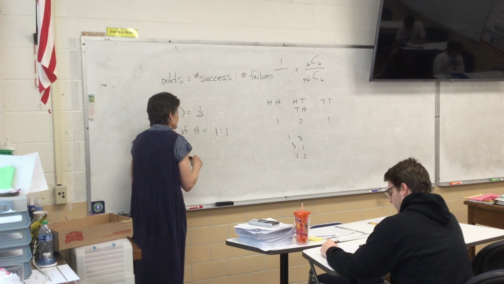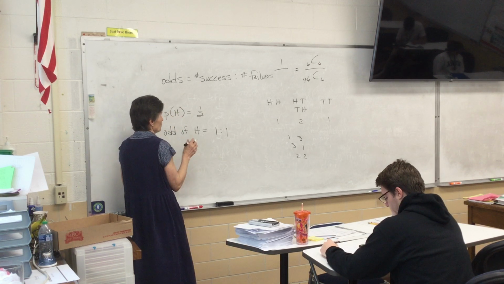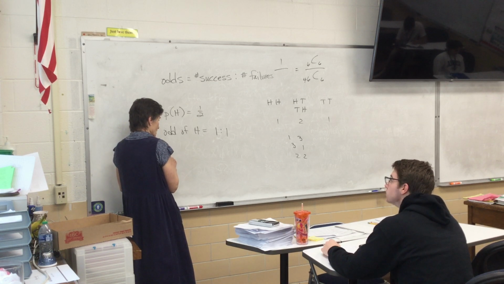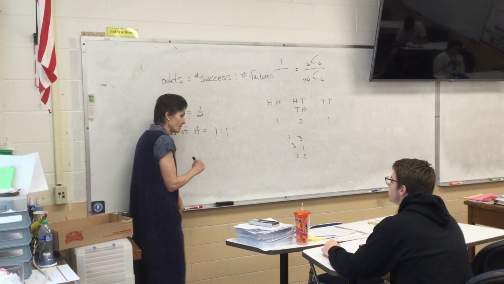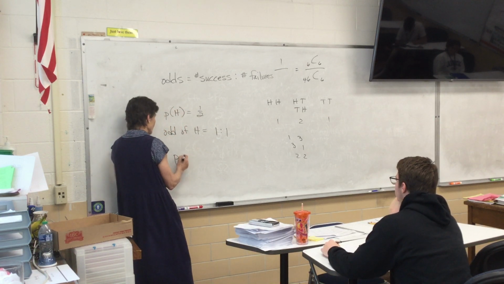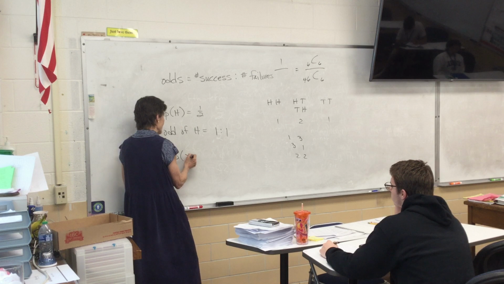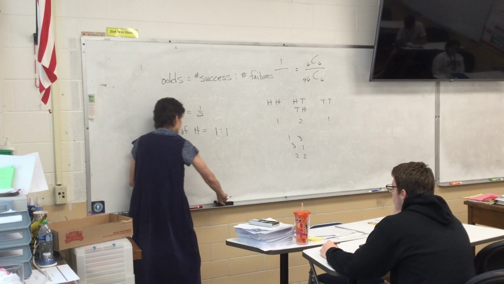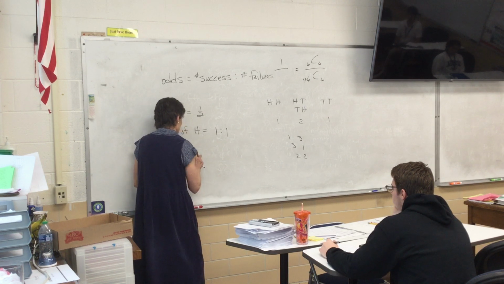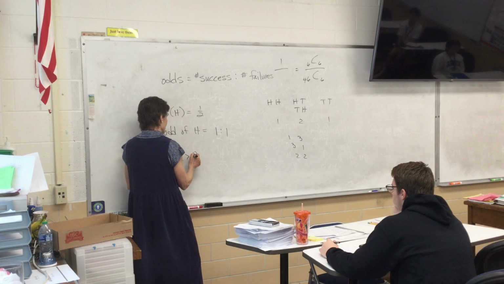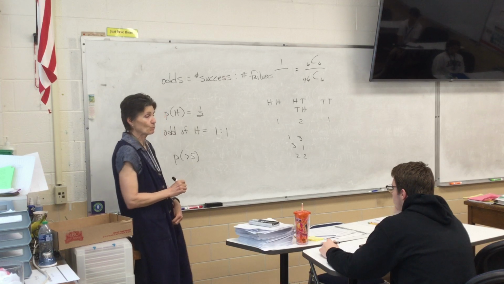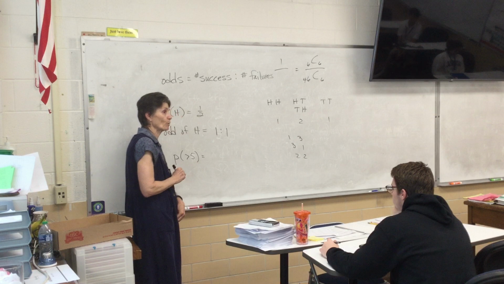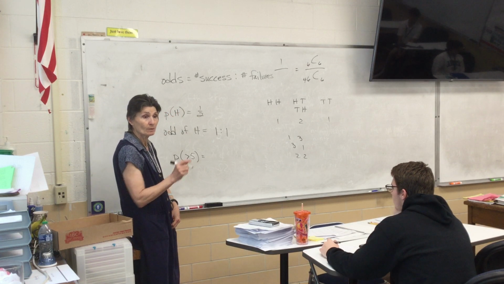So let's go back to our, oh shoot, we didn't really get any like that. Let's say, if you roll a die, what's the probability of getting a number greater than 5? 1/6.